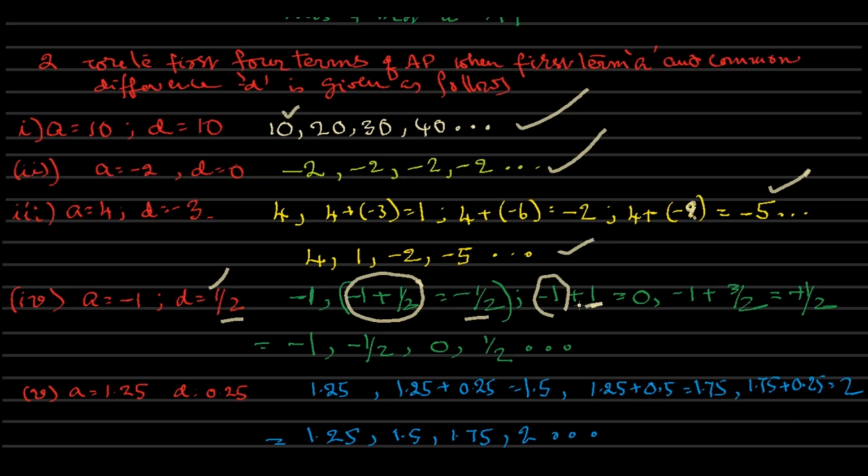Minus 1 plus 1 is 0. Here, you add 3 times half. Minus 1 plus 3 by 2 is plus half. See, I am adding everything to the first term only. You can do it in a different way. Minus 1, minus half, 0, half is the sequence.